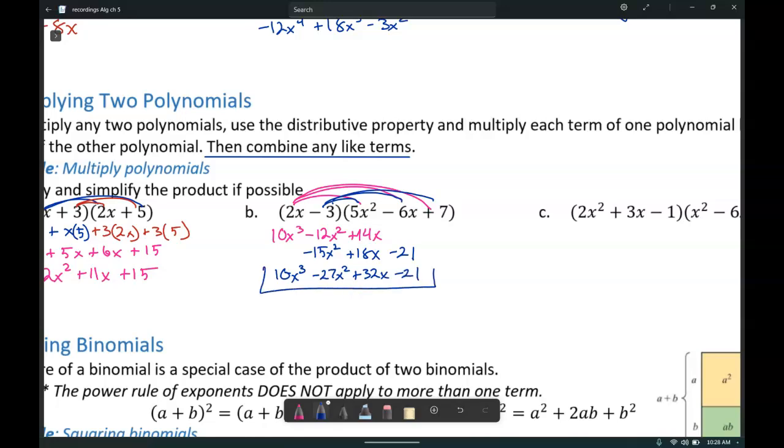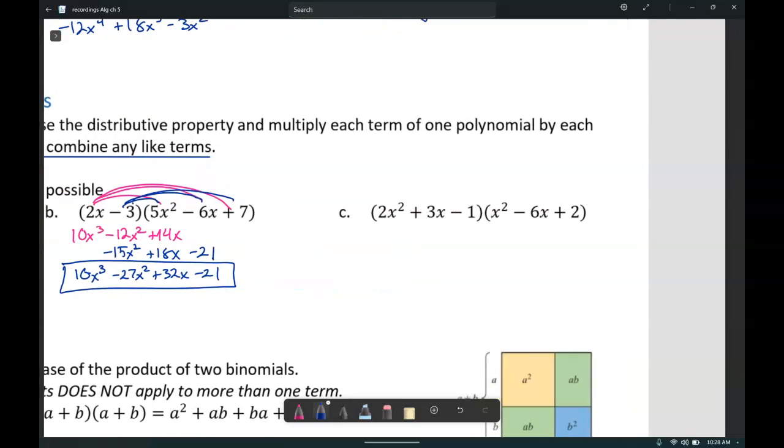Here we have two trinomials. So we're actually going to have 9 multiplications. We'll start with 2x squared multiplied by everything in the trinomial. So we'll have 2x to the fourth minus 12x to the third plus 4x squared. Then 3x times everything in the trinomial.